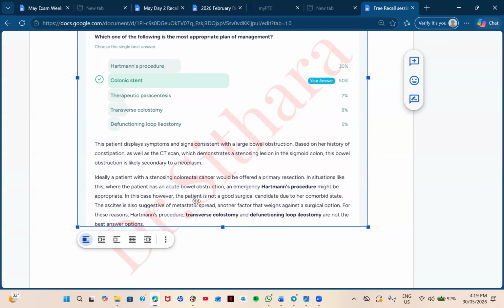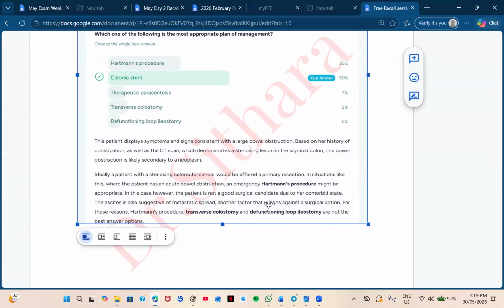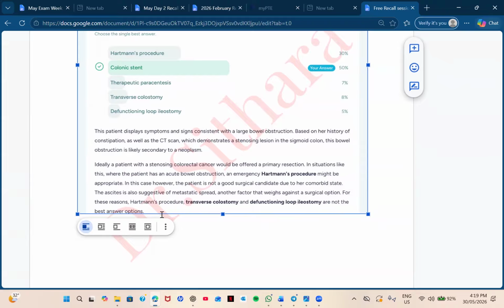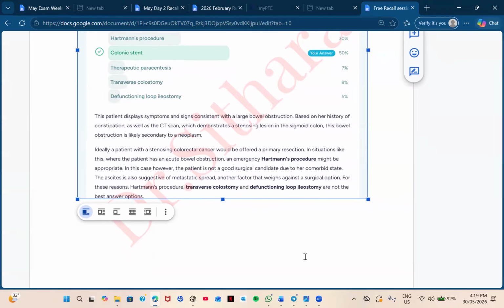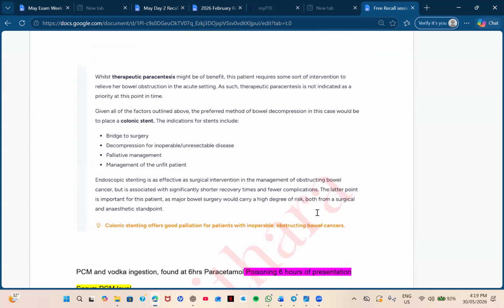In this case, however, the patient is not a good surgical candidate due to her comorbidities, right? The ascites is also suggestive of metastatic spread, another factor that weighs against surgical options. For these reasons, Hartmann procedure, transverse colostomy, and defunctioning loop ileostomy are not the best options.